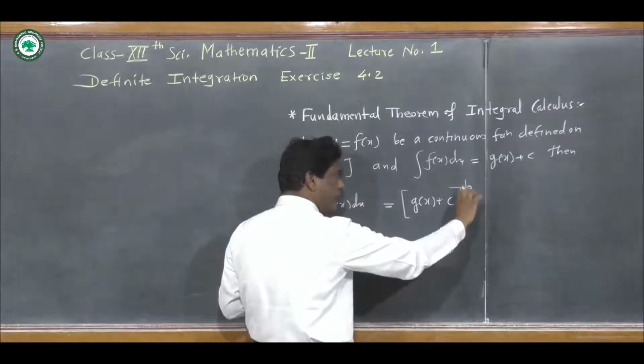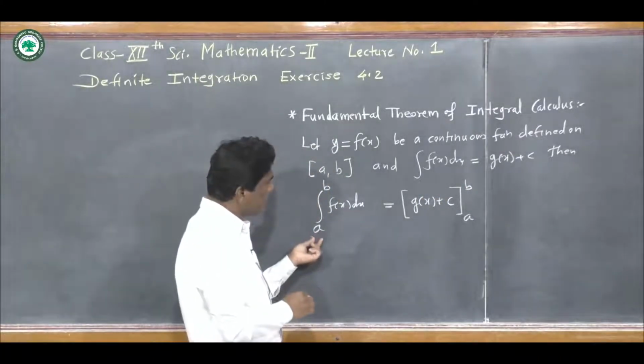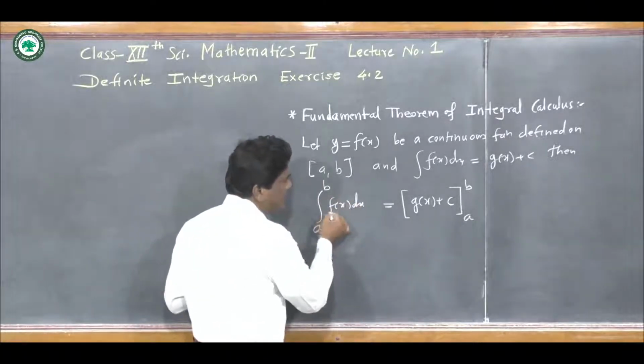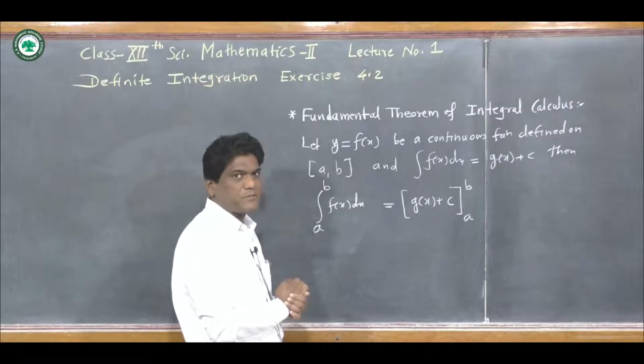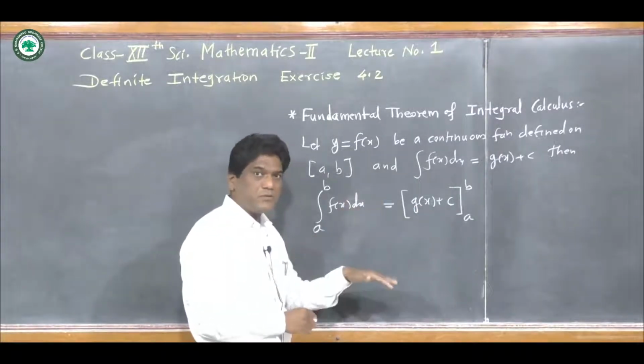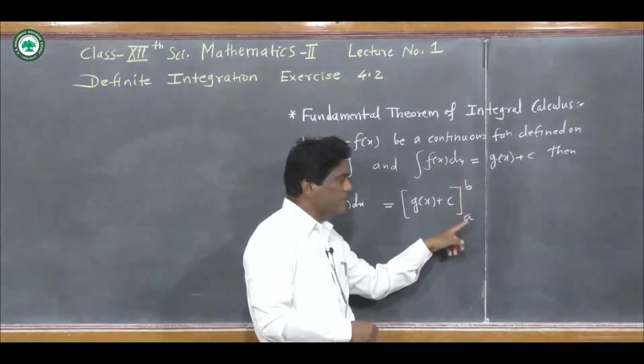These a and b are the values of the variable x. A is called the lower limit and b is called the upper limit. Means we take this indefinite integration as usual using the previous methods, and in the solution we put only the value of x as b and the value of x as a.